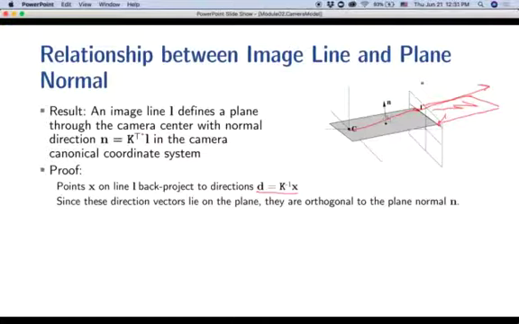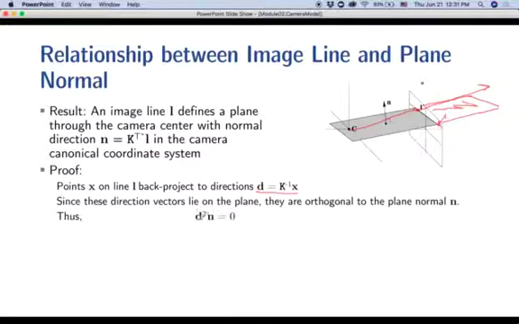I'm interested in finding the plane normal, so I'm linking it to some property of the plane normal. Every ray on the plane is orthogonal to the plane normal, so this particular ray is also orthogonal to the plane normal, which means that D transpose N should be 0. That's the relationship between two vectors which are orthogonal.